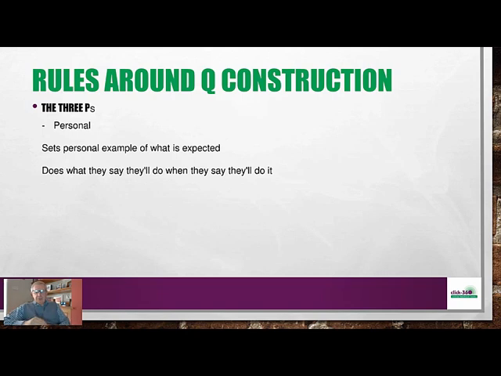Sets personal example of what is expected. Does what they say they'll do when they say they'll do it. Those are examples of questions that assume the third person pronoun but start with the verb, and they're therefore applicable to both the self-rater and someone rating that person.